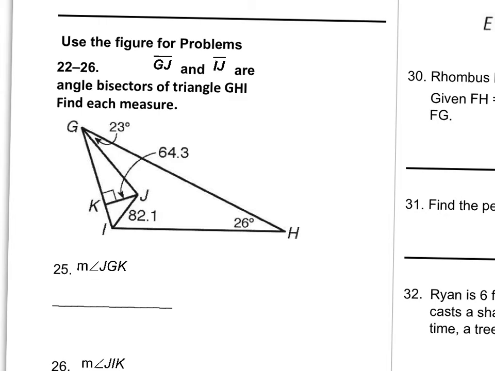Use the figure where GJ and IJ are angle bisectors of the triangle GHI.